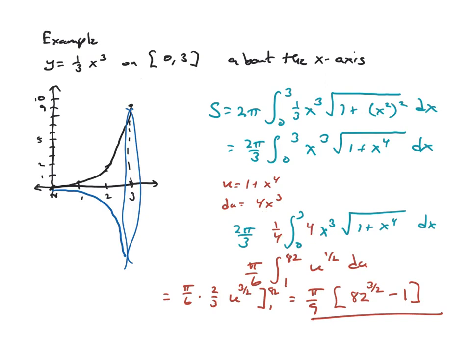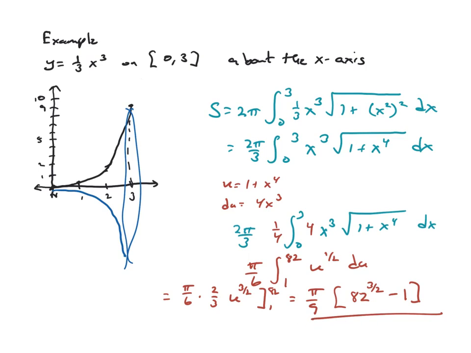And you'll notice I changed the limits of integration as well. When x is 0, u is going to be 1, and when x is 3, 3 to the 4th is 81, so u will be 82. So this whole thing became pi over 6 times the integral from 1 to 82 of u to the 1/2 power. I did the integration, simplified, and got that answer.